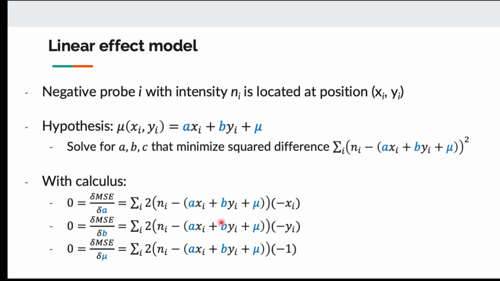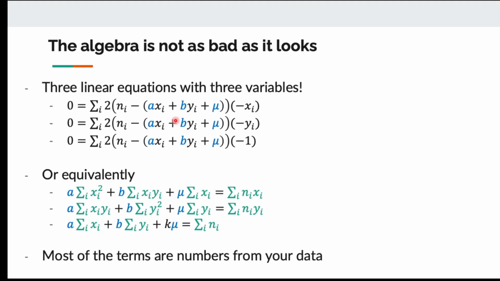So each will give you something like this. And if you look at it closely, it's going to turn out it's not that scary. These are all linear, right? These are all linear functions of A, B, and mu, because x and n and y are numbers. Once you have your observation from the microarray, you have the log intensity as numbers.